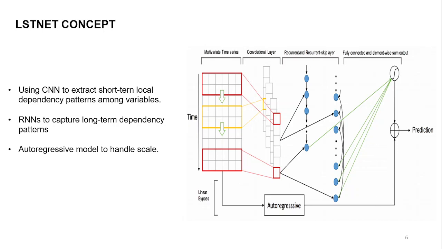As mentioned earlier, the aim of this model is to capture and consider the short and long-term patterns while forecasting. To do this, the researchers used a CNN layer, RNN layer, and also an autoregressive layer.